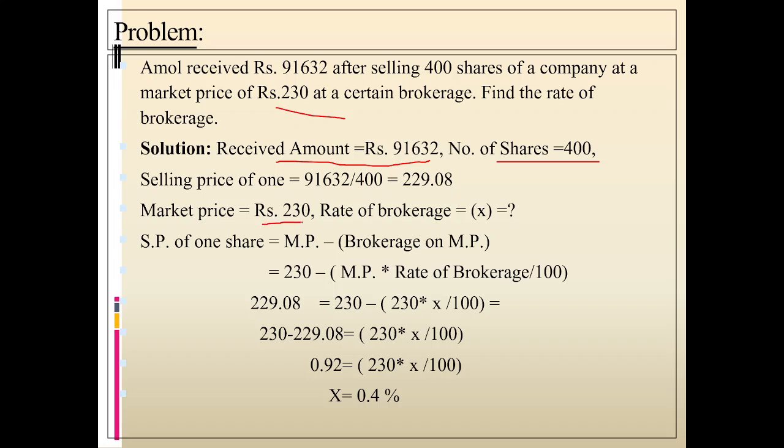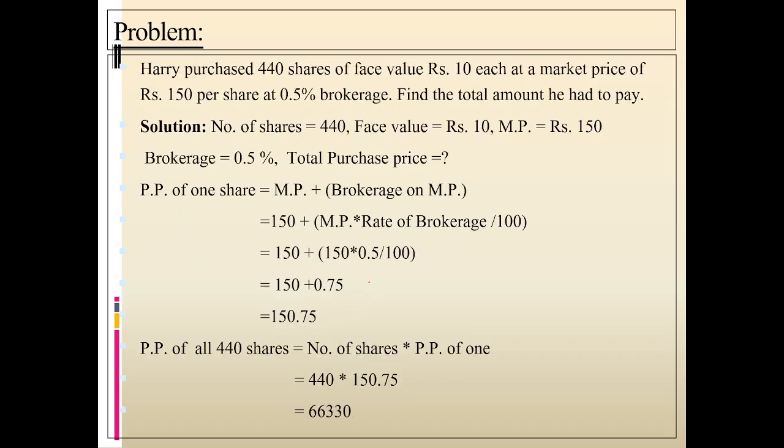Market price we know, rate of brokerage we have to find. Use the formula: selling price of one share is equal to market price minus brokerage. Market price 230 minus brokerage, that is market price into rate of brokerage upon 100. If we use all values here, we get x equal to 0.4, that is our rate of brokerage, which is equal to 0.4.